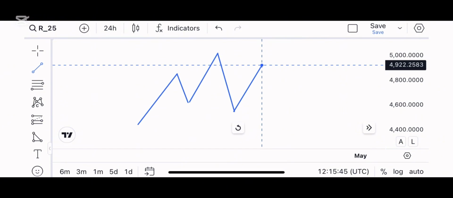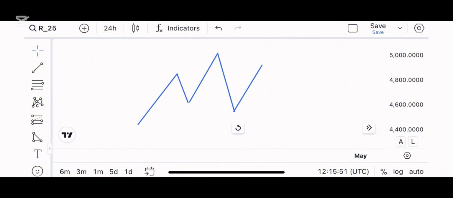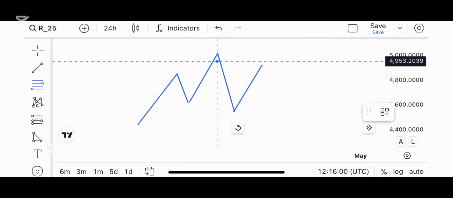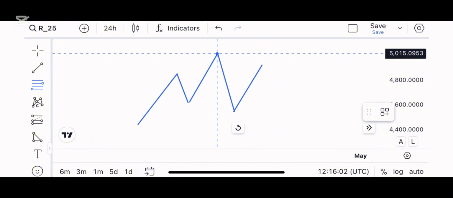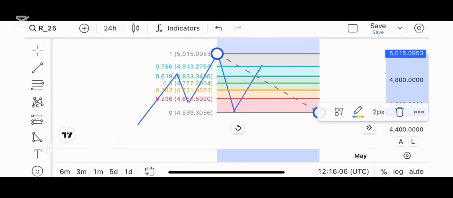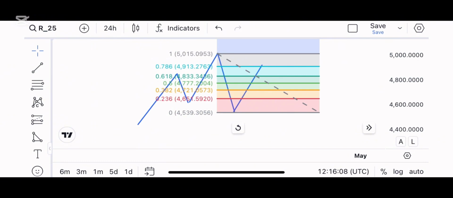So how do you take your profit? How I like to take my profit is at the 61.8 Fibonacci. If I draw these retracements from these high points to this low point here, as the market is going up from here, I like to take profit at the 61.8 Fibonacci.